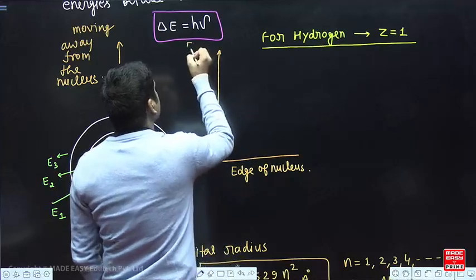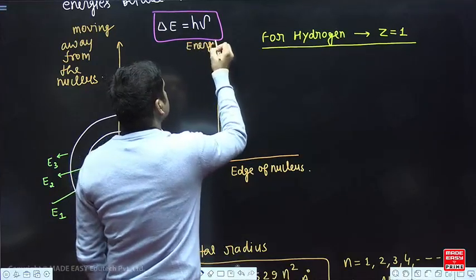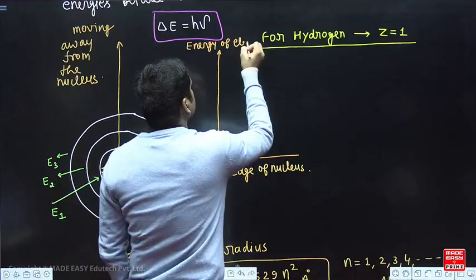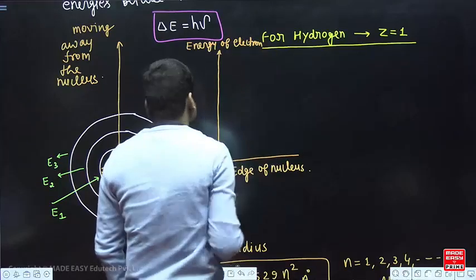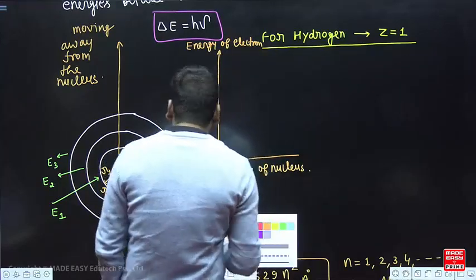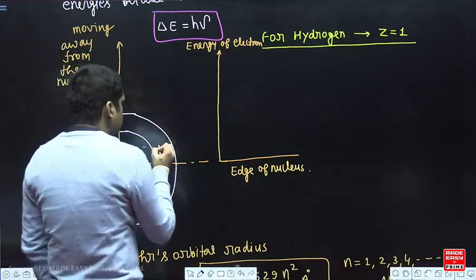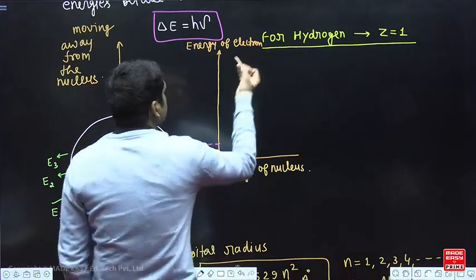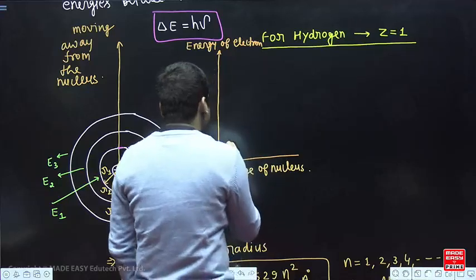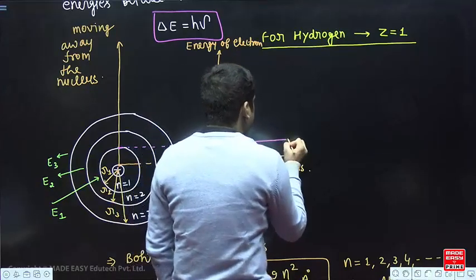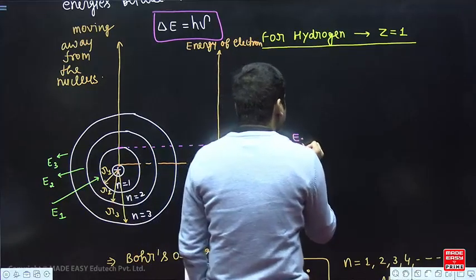So on this axis we are plotting the energy of the electron. First of all, we went to the first level, this point, n is equal to 1. For n is equal to 1, let us suppose we have taken Z is equal to 1 for hydrogen, just for simplicity of calculation. Then it comes out as E1.